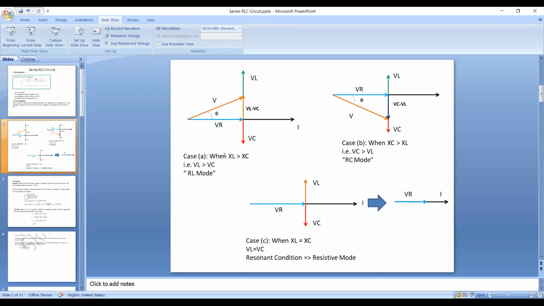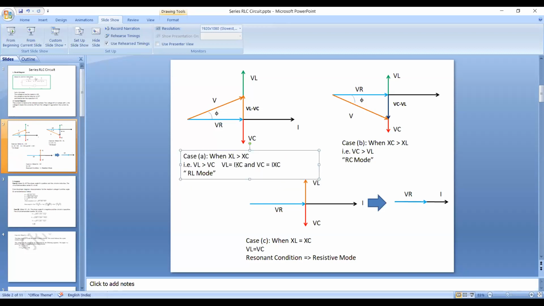In case A, that is what I was referring to, we are assuming inductive reactance greater than capacitive reactance. So when XL is greater than XC, VL will be greater than VC. That's simply because, as you must know, VL is given as I into XL and VC can be given as I into XC.